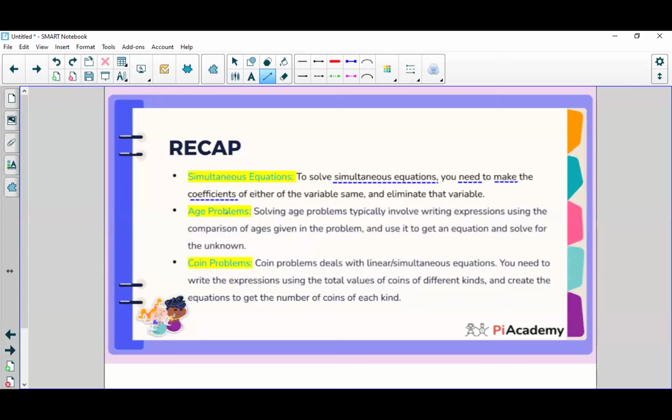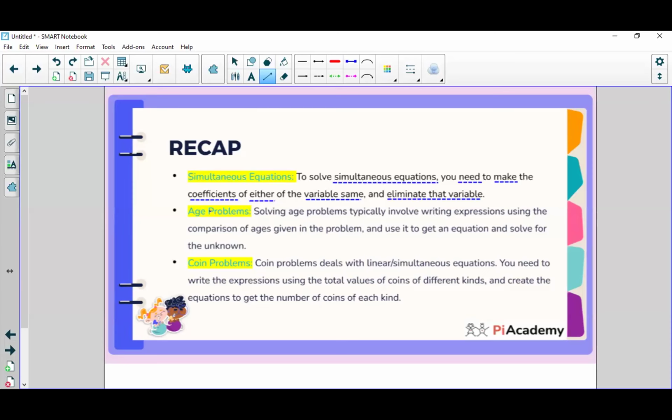You need to make the coefficients equal, and after that you have to eliminate that variable. And what is the criterion for elimination? Either by addition or by subtraction. As we discussed, if same sign, then you have to perform the subtraction, and if opposite sign, then you have to perform the addition.